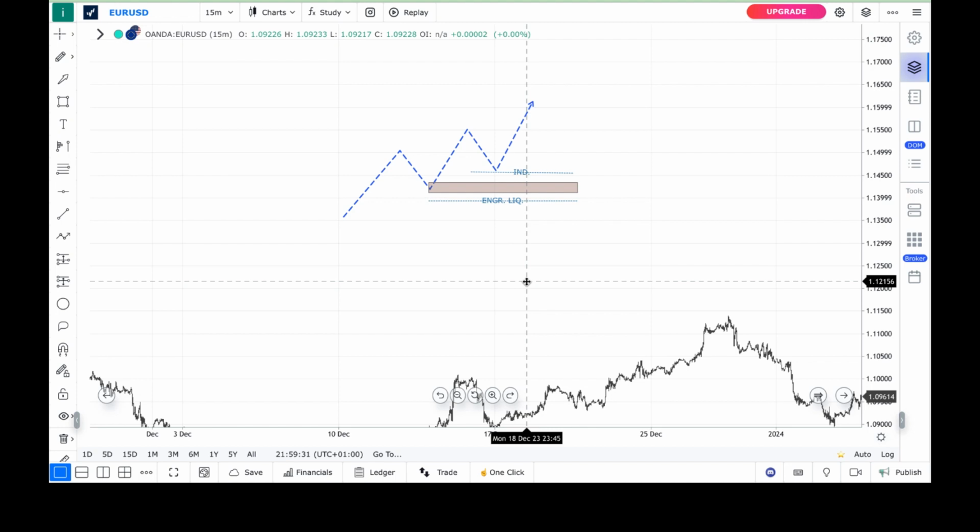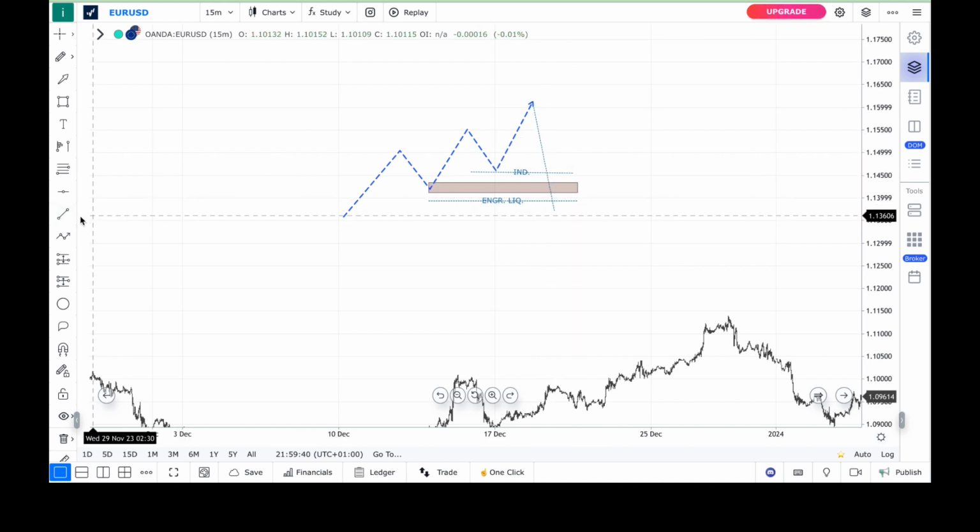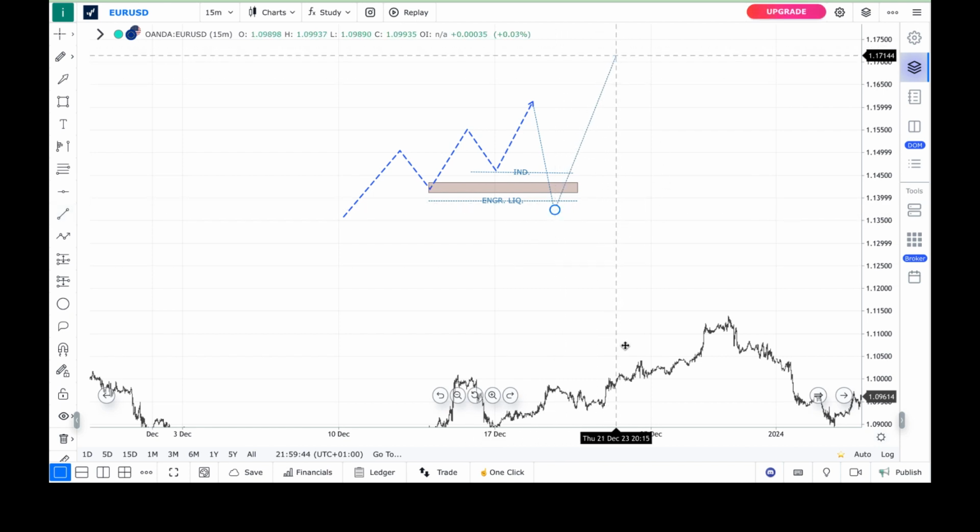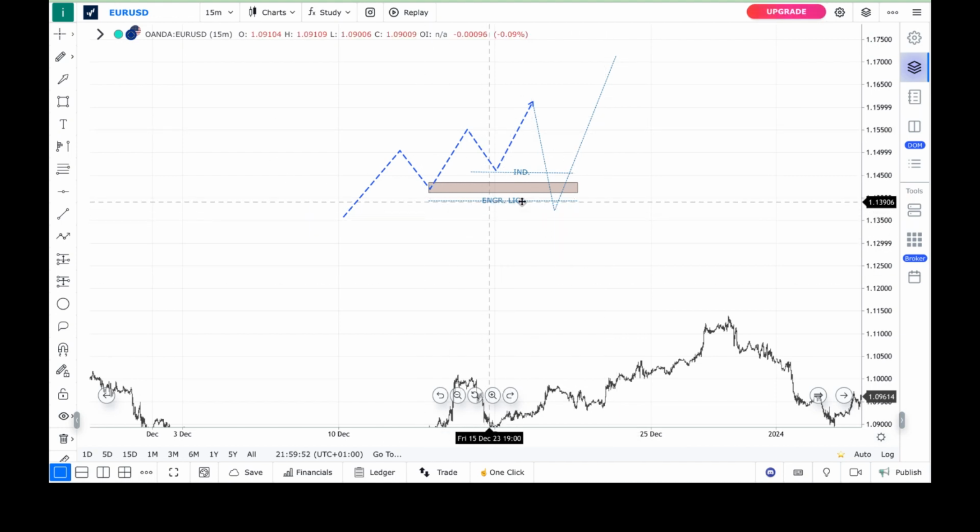Just like retail traders have liquidities sitting on their support and resistance, we as SMC traders also have liquidity sitting below our order block, and that's why we name it an engineered liquidity.